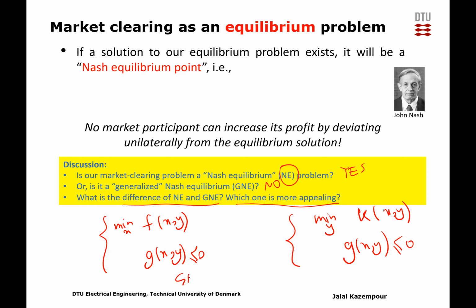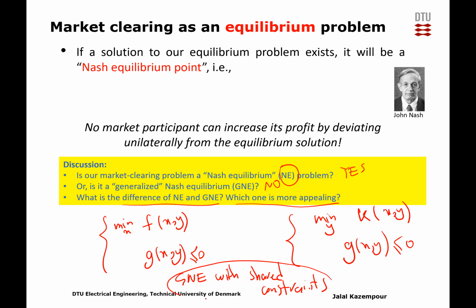It's a GNE with shared constraints. It's a very common type of GNE where we may have some properties. But if you replace g with h, then it's purely generalized Nash equilibrium, and usually we don't have many properties there.